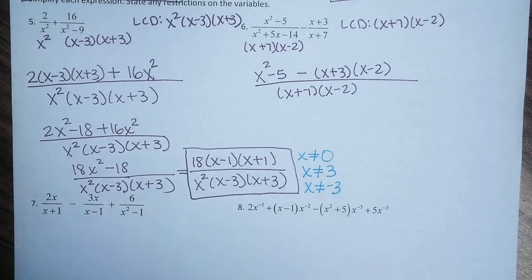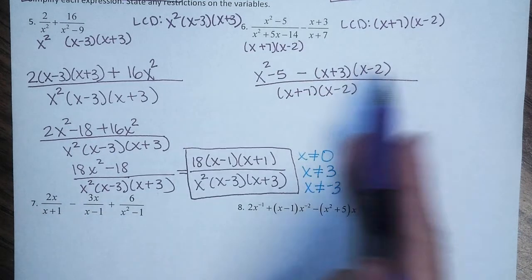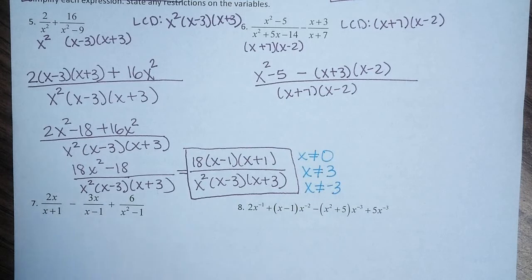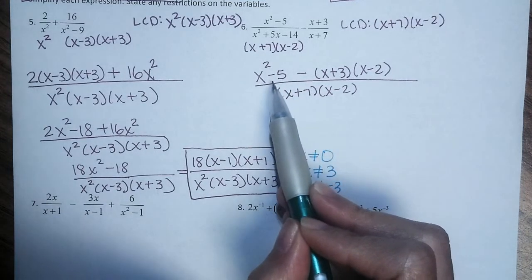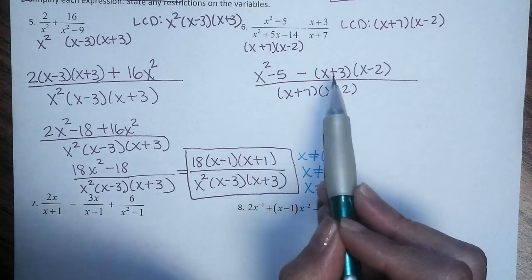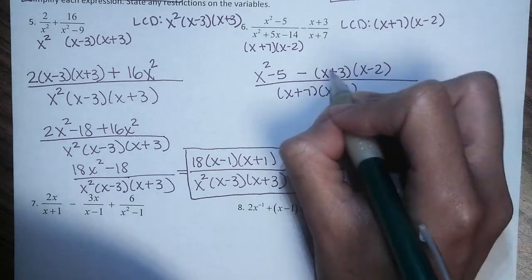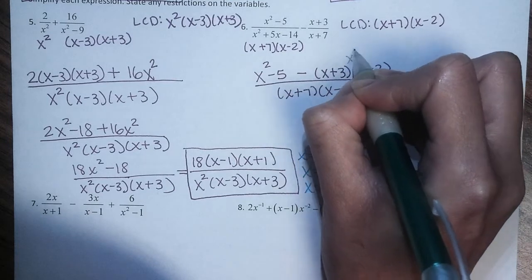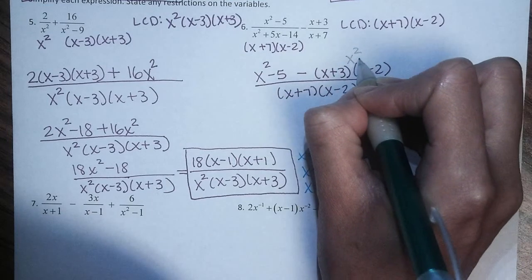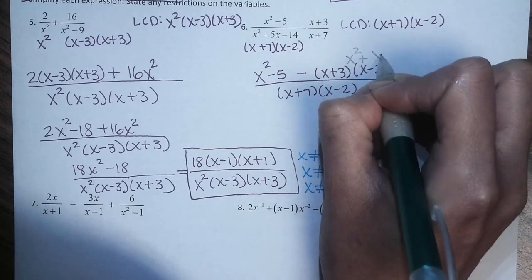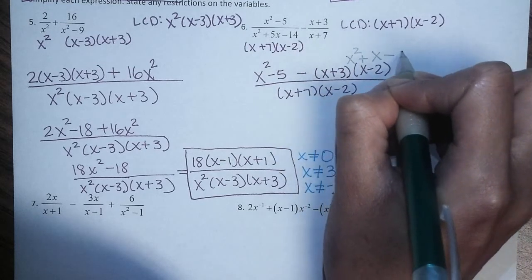Now that you have that done, you just now need to simplify the numerator. So let's try simplifying x squared minus 5 minus x plus 3 times x plus 2. Let me do this one first. x squared plus x minus 6.